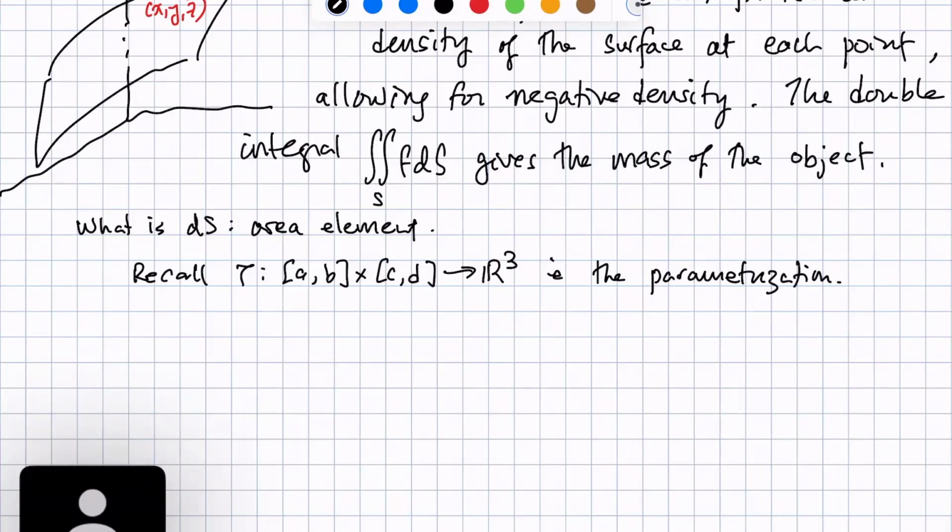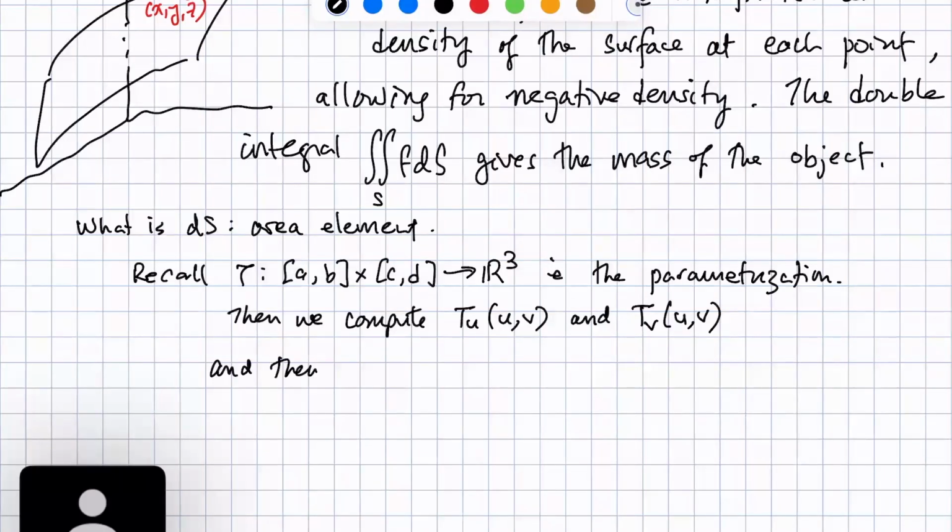And then recall that we compute T_u of (u, v), the tangent vector in the u direction, and T_v at (u, v), and then the norm of the cross product.